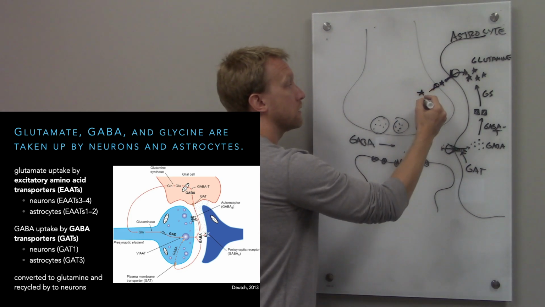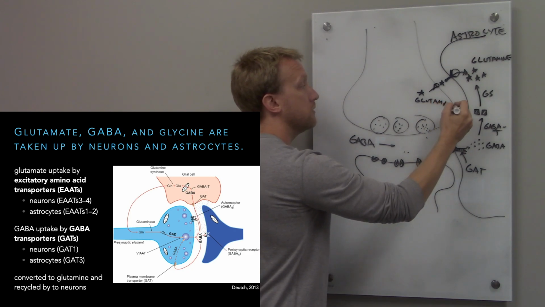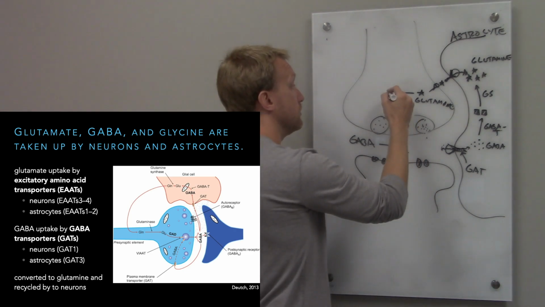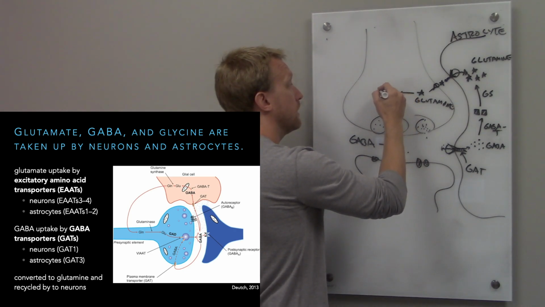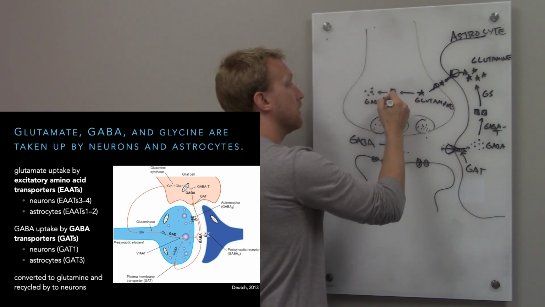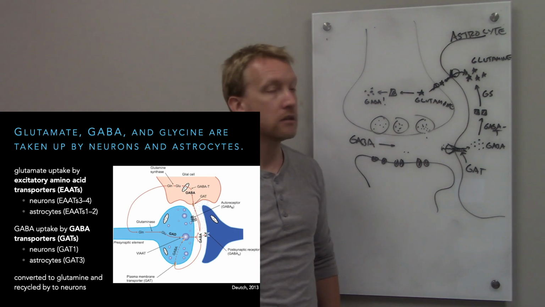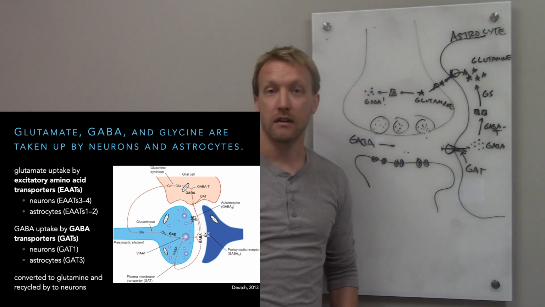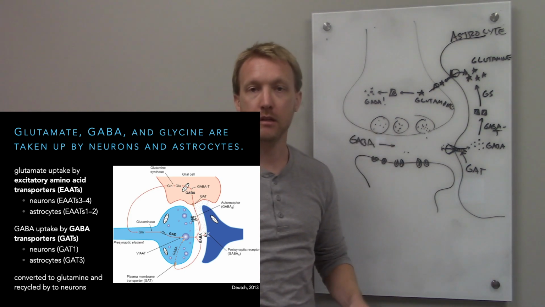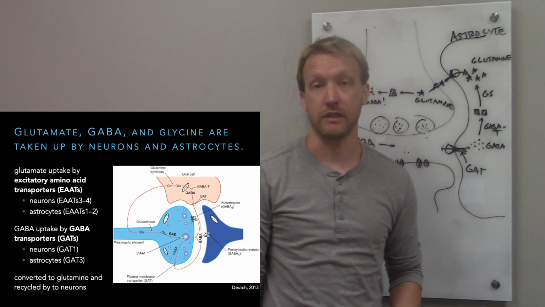Hey, we've got glutamine floating around here. What can we do now? Well, let's turn it into glutamate and then back into GABA. And look at that. We've recycled GABA without running the risk of stimulating any GABA receptors. This is what we call the GABA, glutamate, glutamine cycle. It's really nifty.